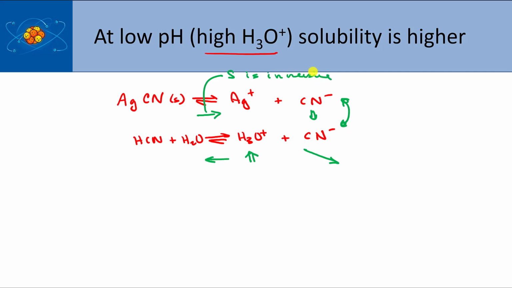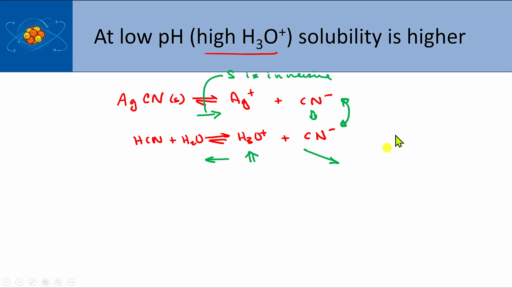So more silver ion will be dissolved in solution when the pH is low or the hydronium ion concentration is high. And that's why I wrote this at low pH, high hydronium, solubility is always higher for these kinds of weak acid conjugate base things, okay?